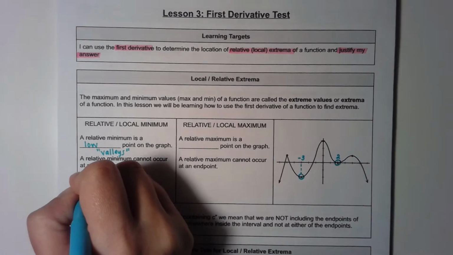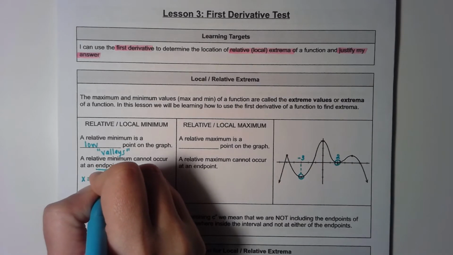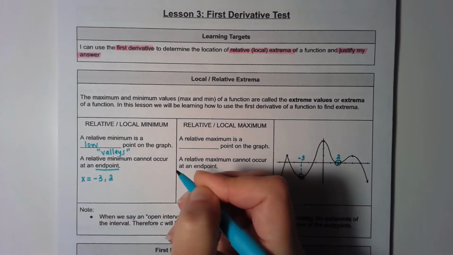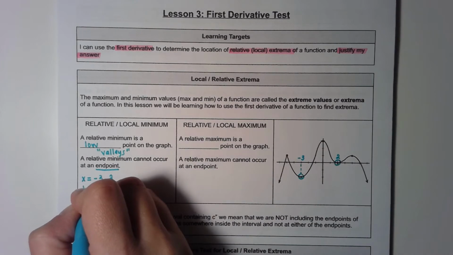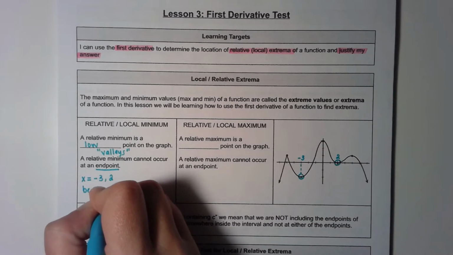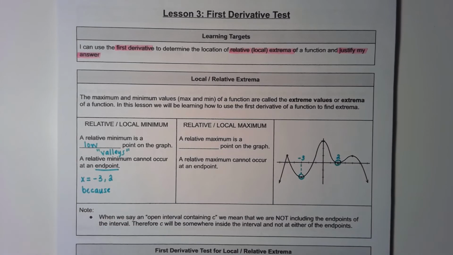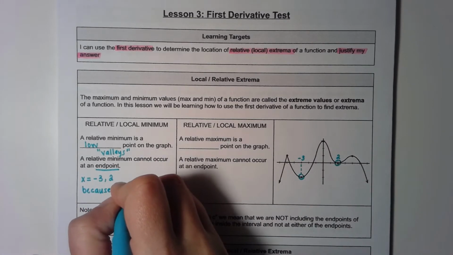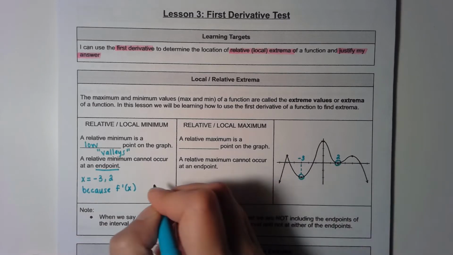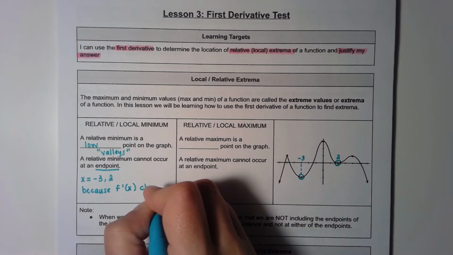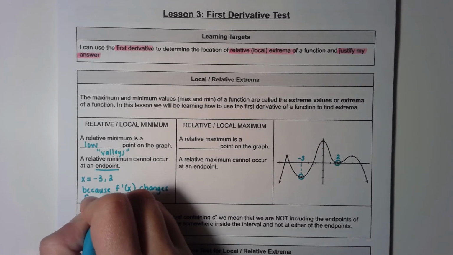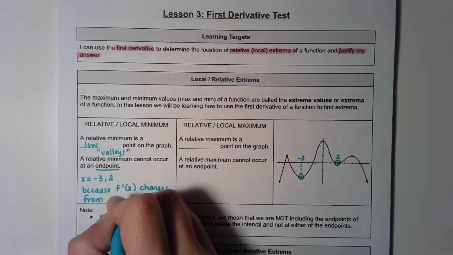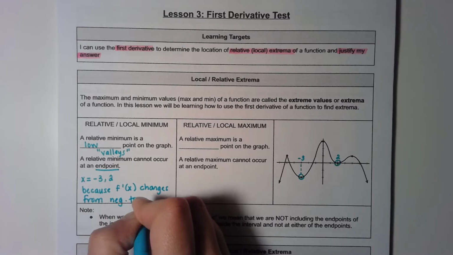So we would say x equals -3 and +2 are relative minimums, and we could define that as because the derivative or the slope of the function changes from negative to positive.